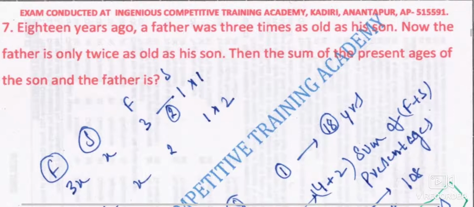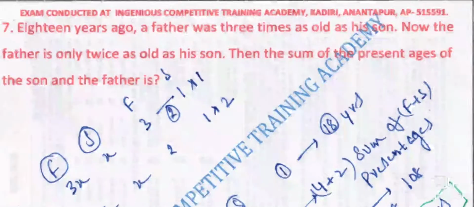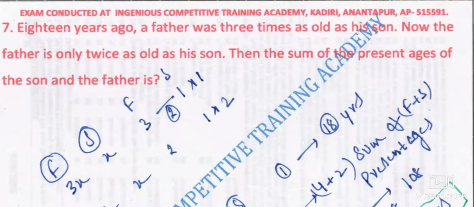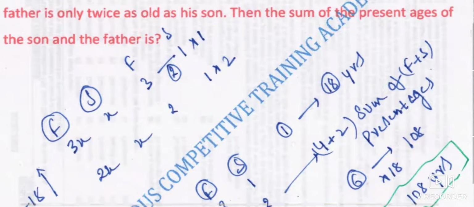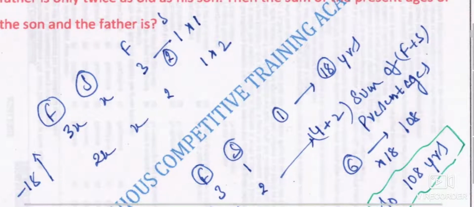Next we have: 18 years ago a father was 3 times as old as his son. Now the father is only twice as old as his son. Then what is the sum of the present ages of the son and the father? In this case, father and son were 3x and x, so the ratio is 3:1.